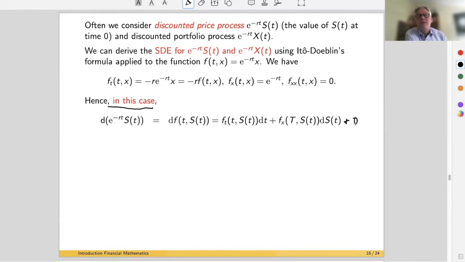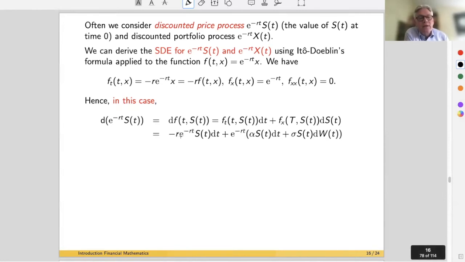To be complete, we need the second derivative term as well. We have all the forms, and we can substitute those. We see that one over here. We see this one over here. For dS, we have an expression. So let's substitute all these parts.